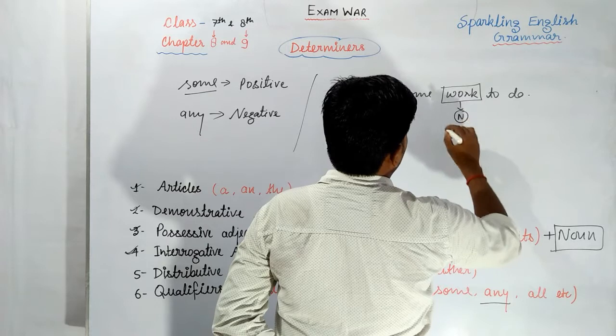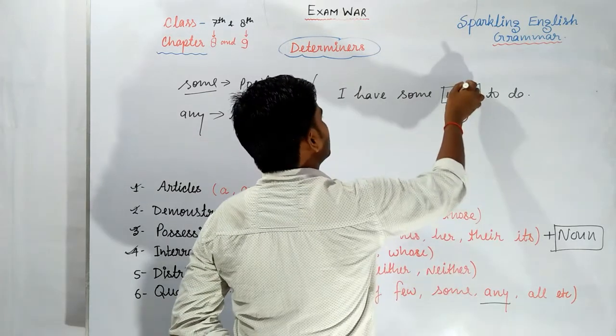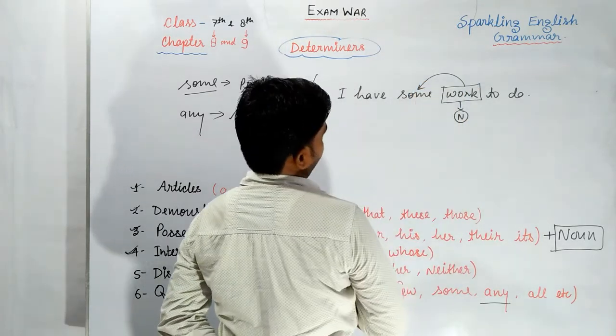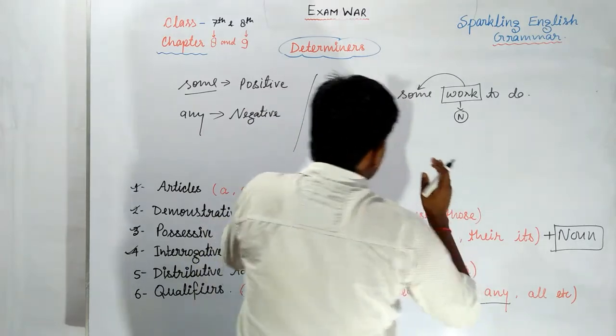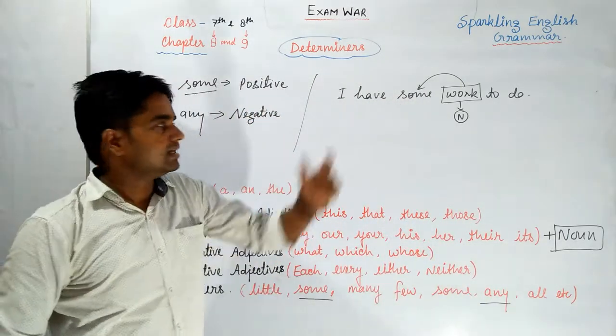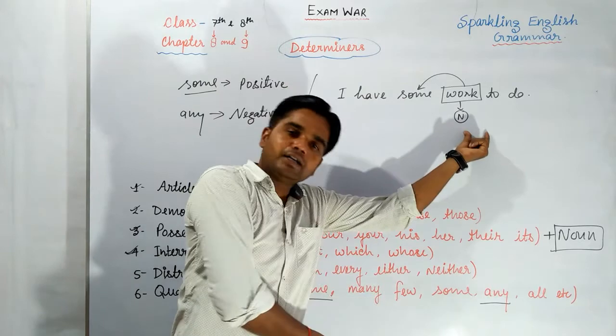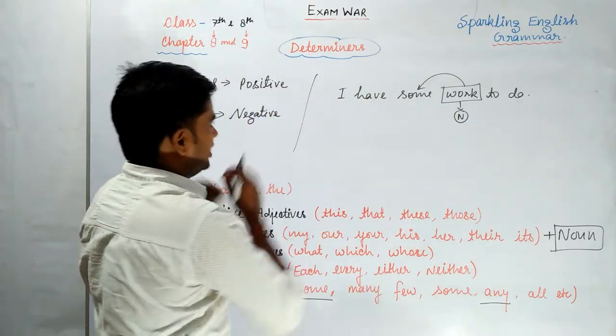Before the noun we used some. That's why we followed the perfect sequence, some and then a noun. That's why this is a qualifier.